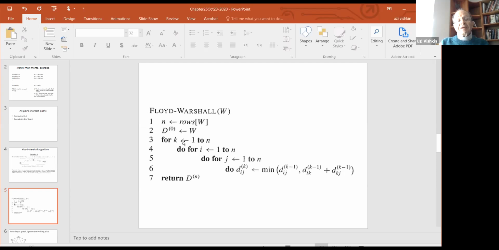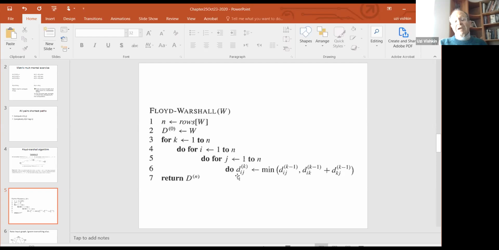So in the beginning, when we start, k is 0, so the intermediate node set is the empty set, then it's the node 1, then it's nodes 1 and 2. And when we are in some arbitrary iteration k, the nodes 1 up to k are going to be produced as intermediate nodes. And then I go for every vertex i and every vertex j. This could have been done basically in parallel, not serial, for these two.